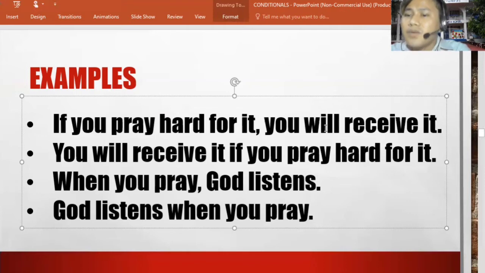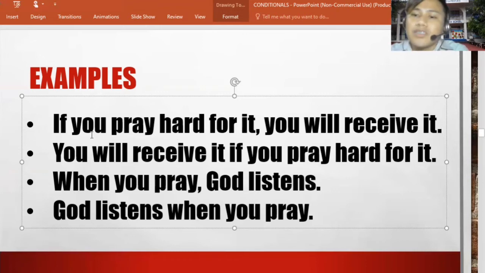So where now is our main clause? We have here the modal will followed by our verb receive. So this is our result, the result of our condition in our first sentence.